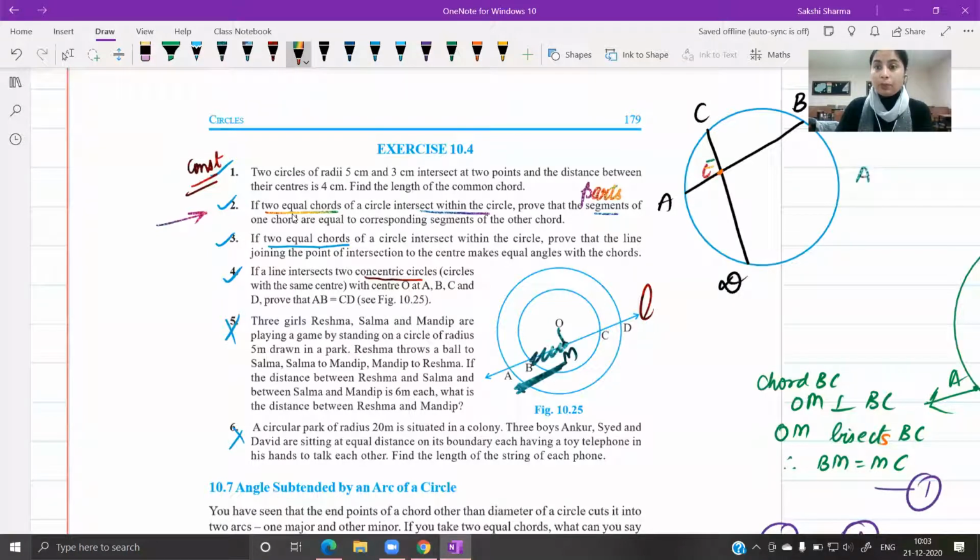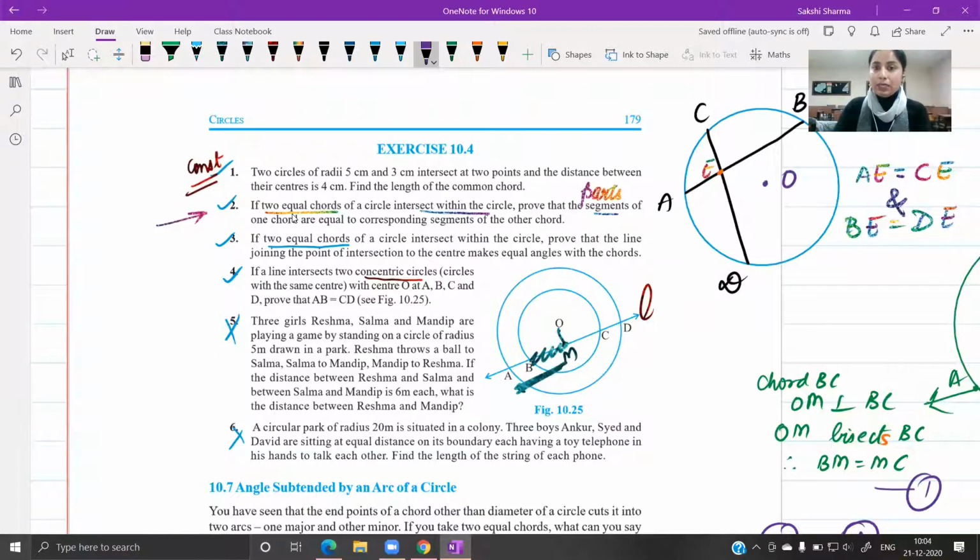So here you have to prove AE equals CE and BE equals DE. This is what you want to prove. And the result will be concluded with a similar kind of proof as in the previous question. We will need those perpendiculars from the center. So let us say O is the center.